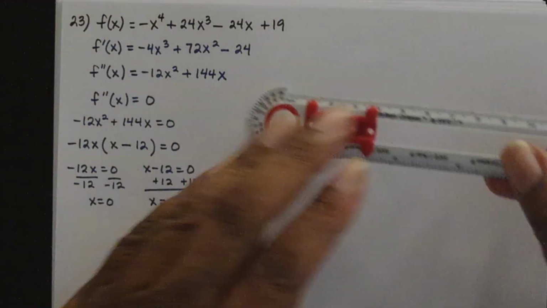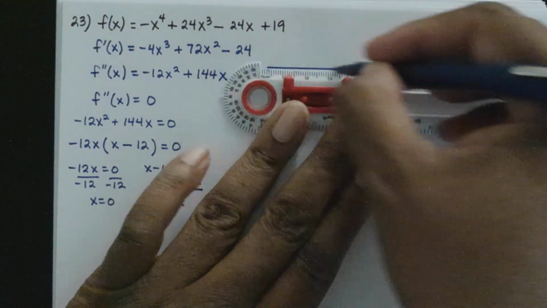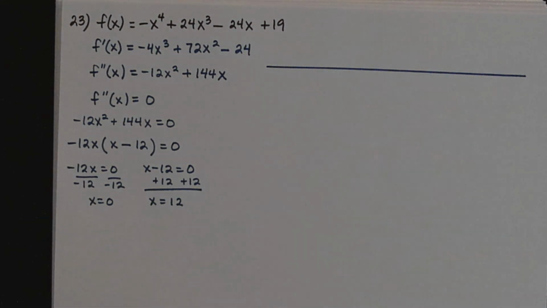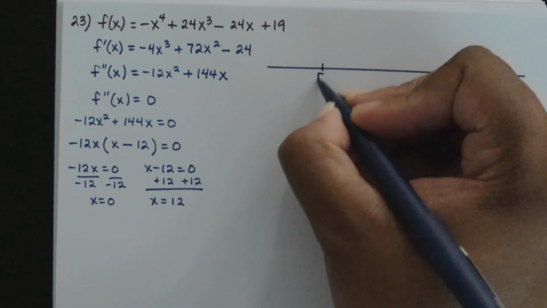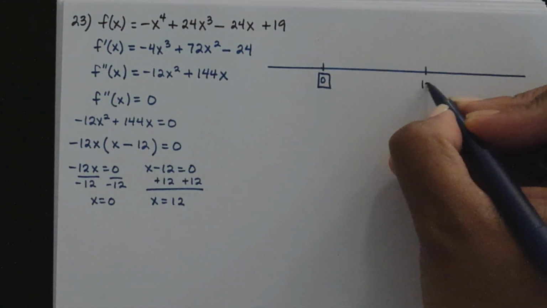Now this is where we put those two numbers on a number line to see whether the graph will be concave upward or concave downward. I'm going to put 0 here, and I'm also going to put 12 over here.